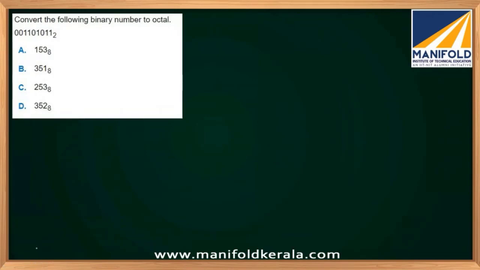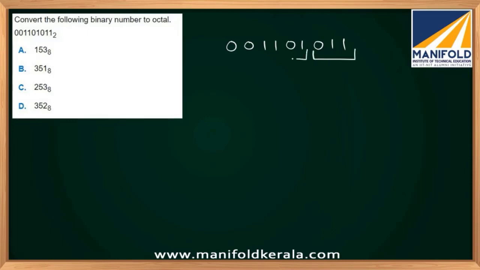Next one. Convert the following binary number to octal number system, not hexadecimal, octal number system. Basically you have to group in 3. So 0 0 1 1 0 1 0 1 1. This is the number. It's an integer part, so you have to group from the left.